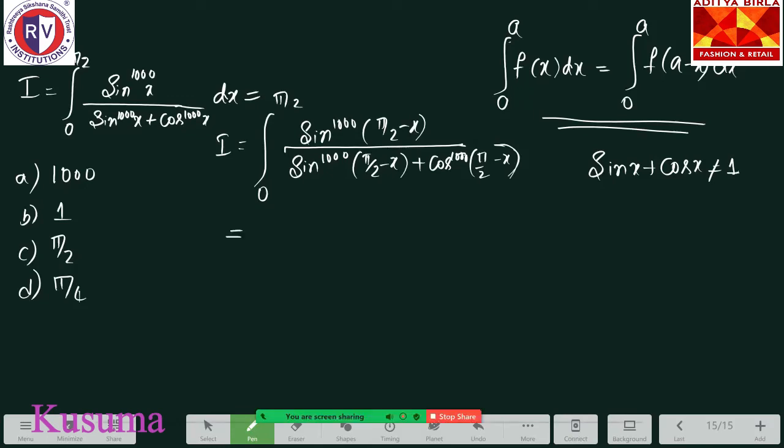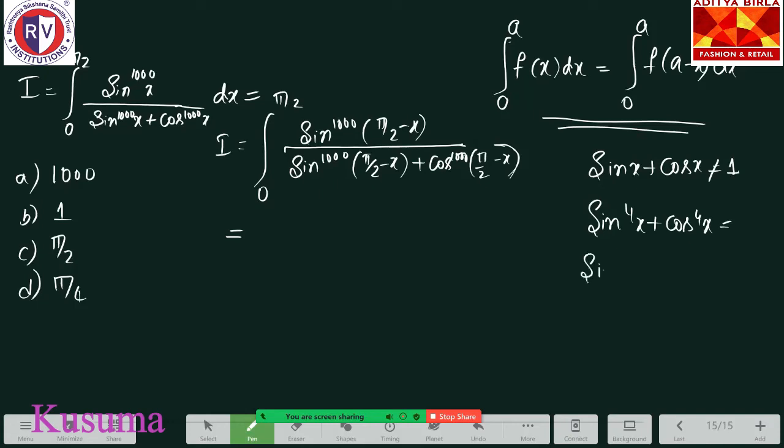Ma'am, but even powers also it's not possible? Even if it is even powers, also not possible. Say suppose you have sin to the power of 4x plus cos to the power of 4x. You are asking whether it works with even powers.